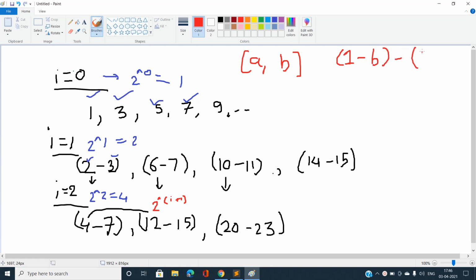Okay, so we are going to subtract 1 to A minus 1 from 1 to B. Okay, so how to calculate from 1 to B? It would be simply 2 power i, okay, I'm going to write it clearly, 2 power i, and it is going to be multiplied by the distance.